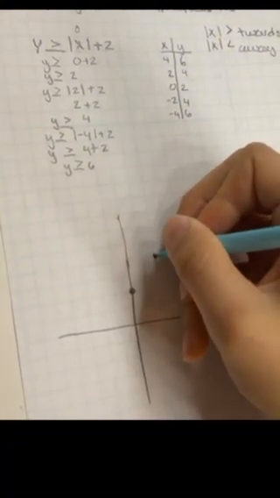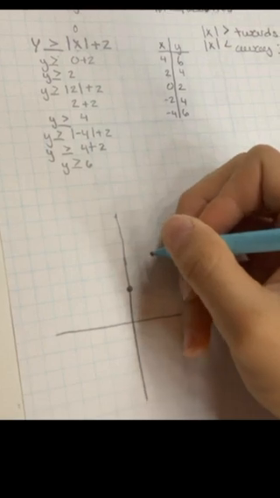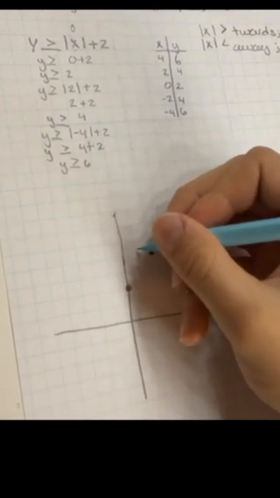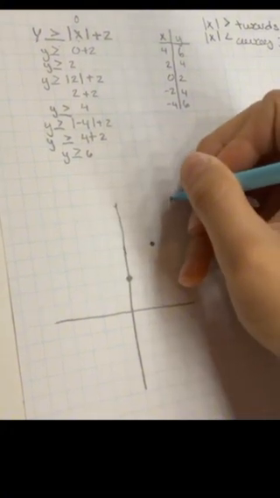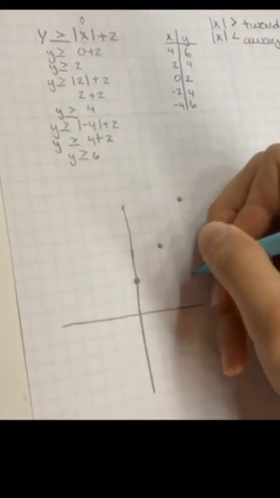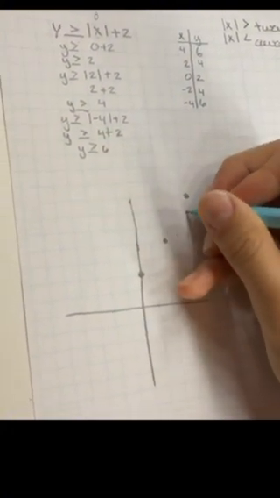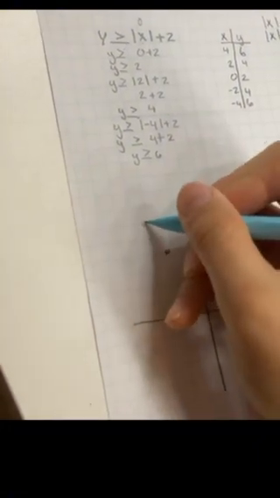And then the next one, we'd go to the 4, so 1, 2, 3, 4, and we'd go up 6: 1, 2, 3, 4, 5, 6. Okay, I don't know how to graph. Ignore that. And we do the same thing on this side. All the coordinates are recorded in the chart.